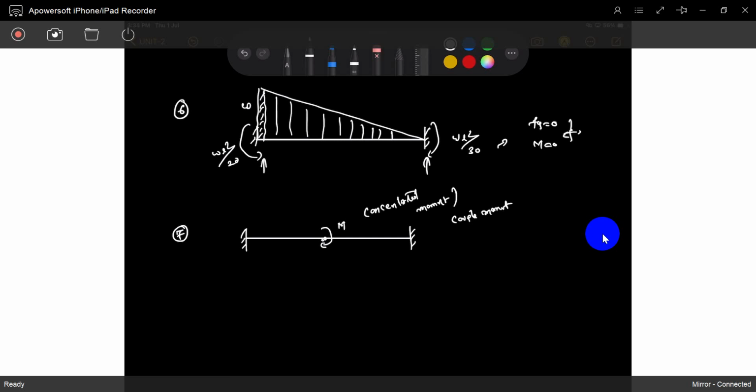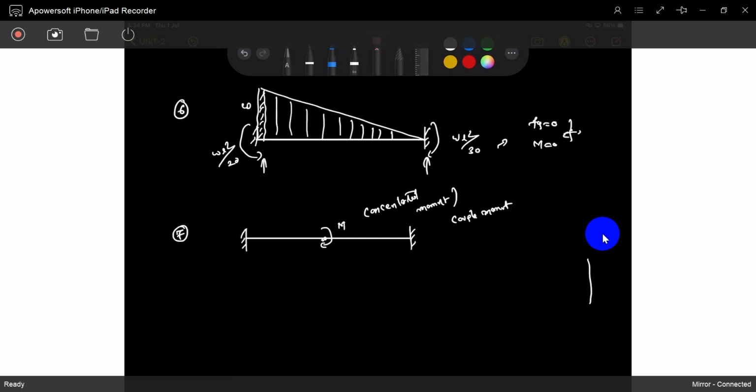How does it arise? If some loading is applied at this junction, automatically it will form a couple, in any frame. If some load is applied here, automatically some moment is applied at that position. That is the couple moment. Are you understood? So I will delete the diagram.